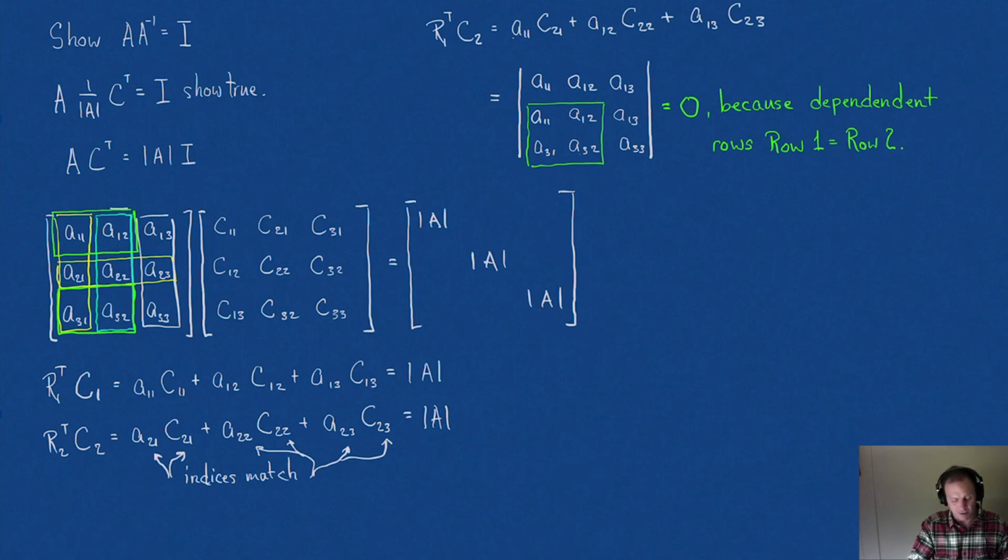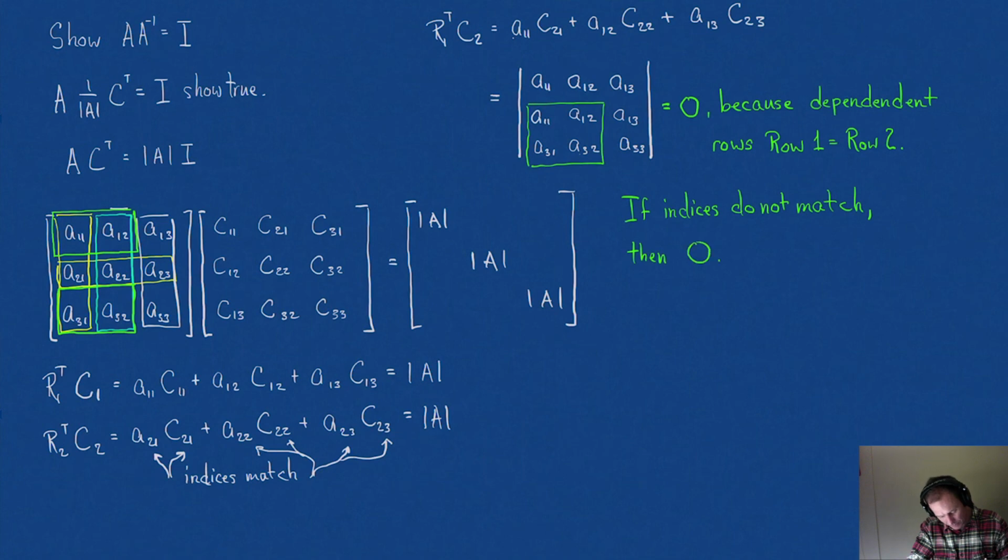And that's what happens then on any single one of these. If the indices do not match, then 0. And there's our 0, 0, 0, 0, 0, 0.